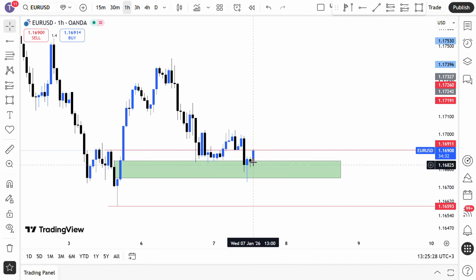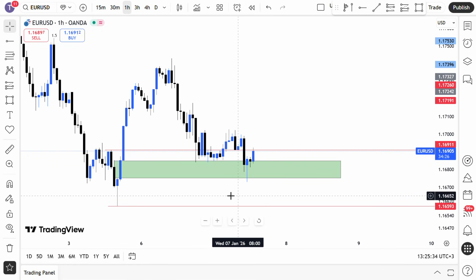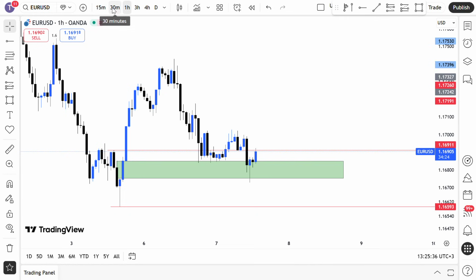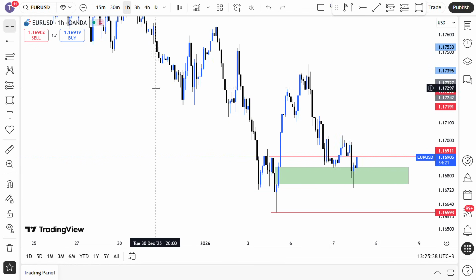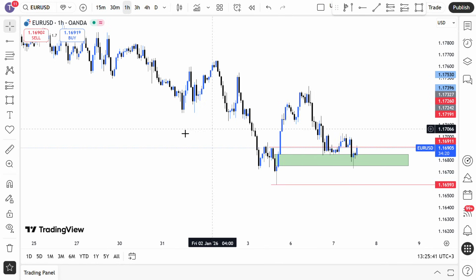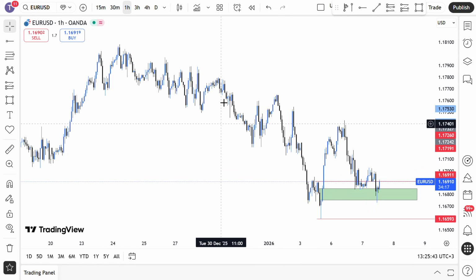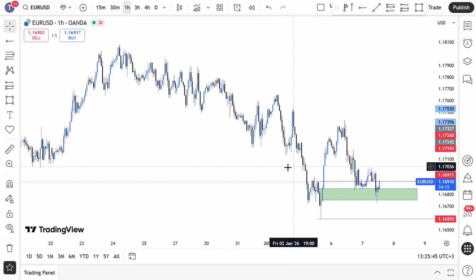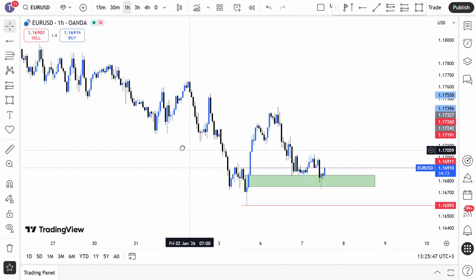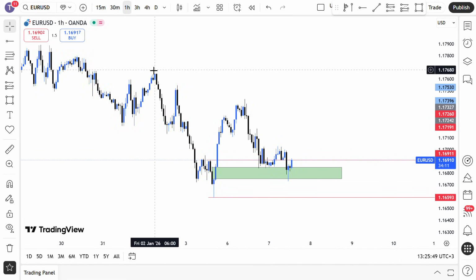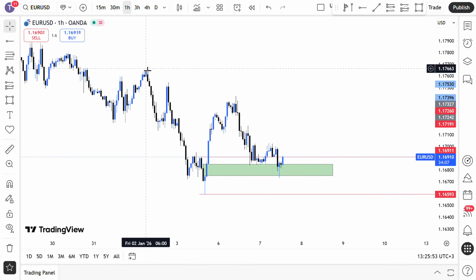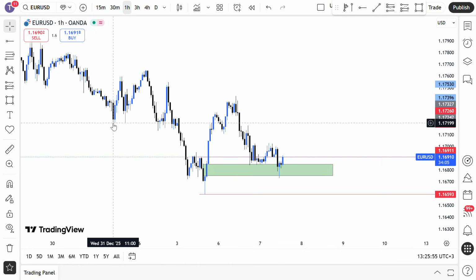And I want to look for a point of interest where I will be taking my buying opportunities to the upside. If I drop down into the 30 minutes time frame, and before I drop down into the 30 minutes time frame, we have the market making lower lows and lower highs to the downside. This was the last lower high to be made by Euro USD before the price went down to break this structure.